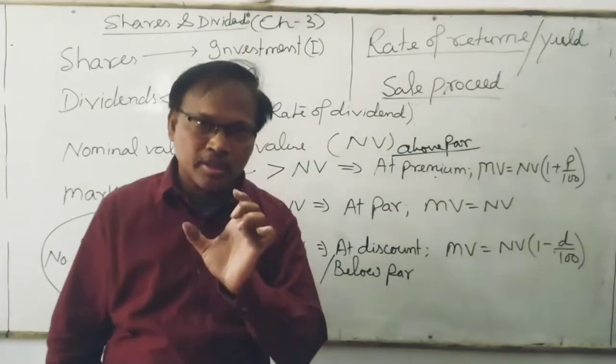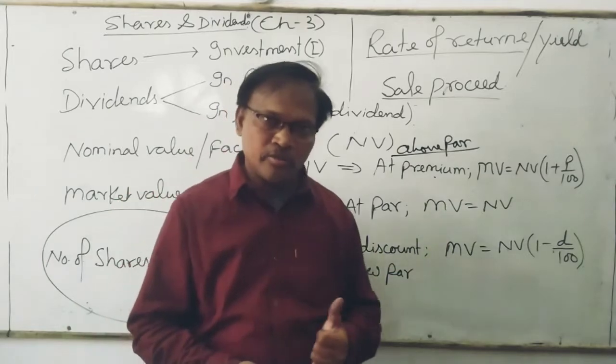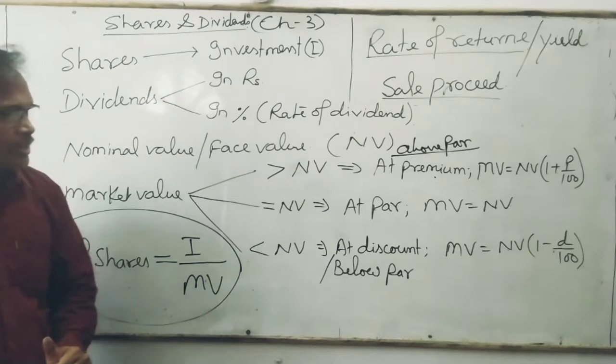If discount is given in rupees, directly you subtract the discount from the nominal value, then you will get the market value. So these are the three types of market value.